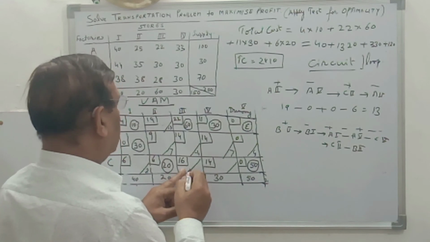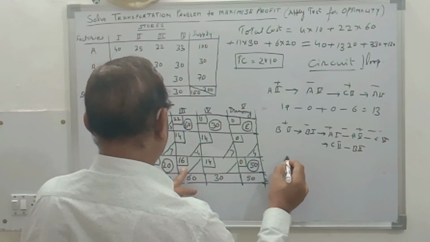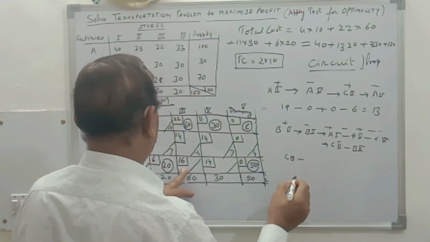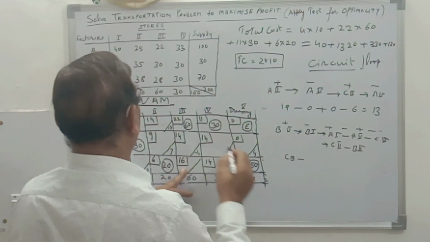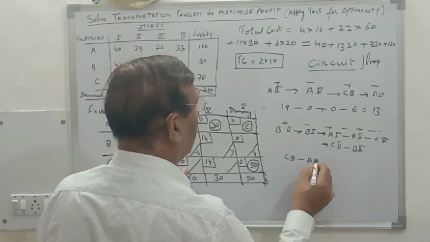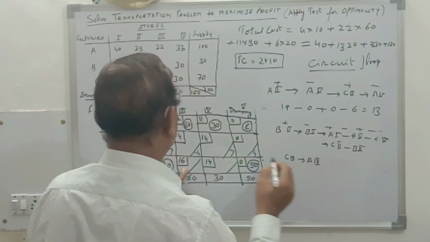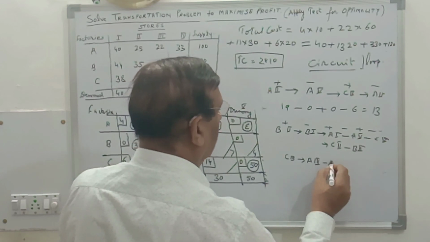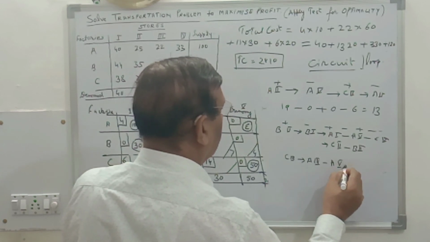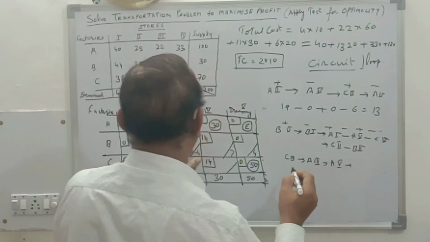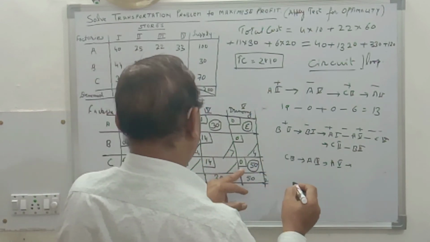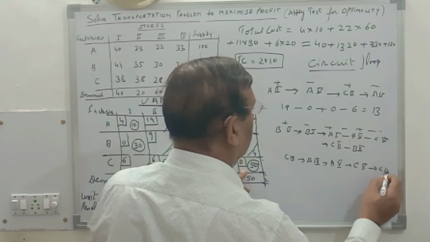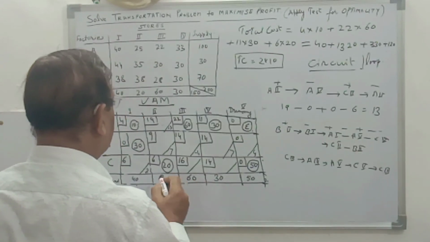Then from 16. This is C third. Now we are starting from C third. 2, we will go to A third. Then from A third we will go to A fifth. Then we will go to C fifth. And then again come to C third. You can see the circle.